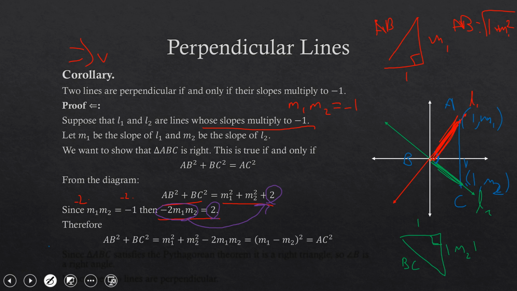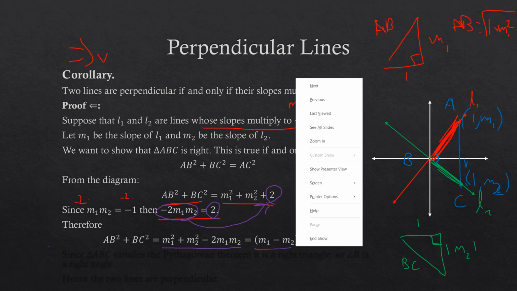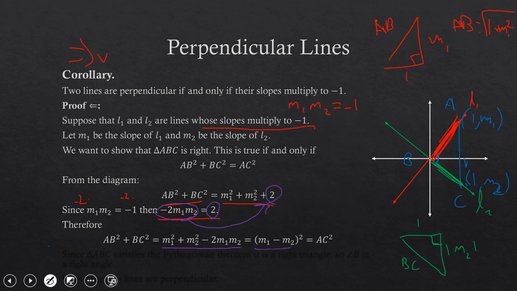So AB squared plus BC squared equals M1 squared plus M2 squared minus 2 M1 M2 after doing that substitution. And if you factor this, we distributed it earlier, so we can see that it factors exactly like this: M1 minus M2, quantity squared.